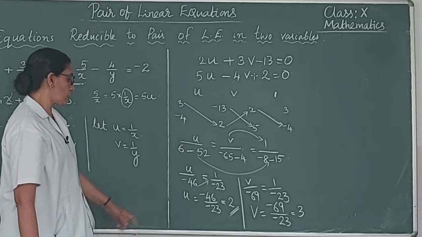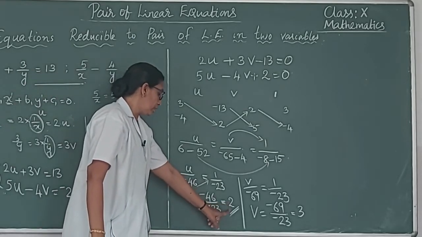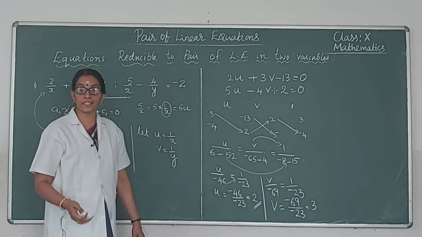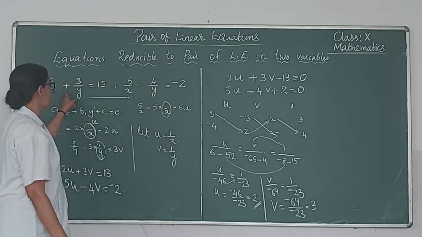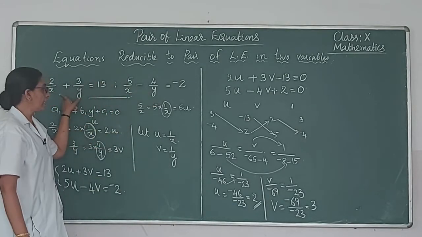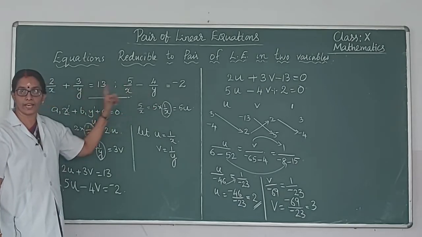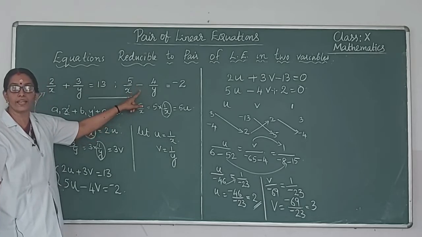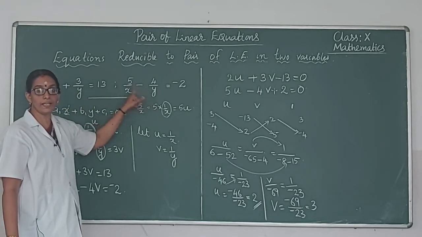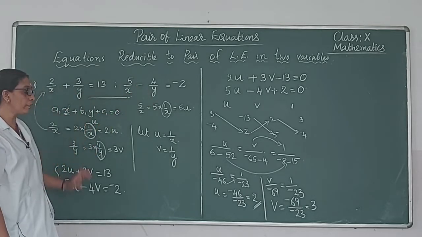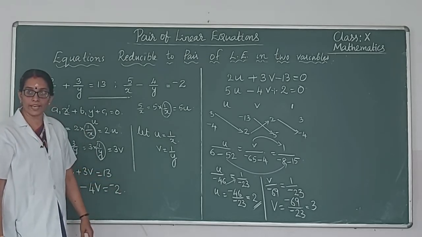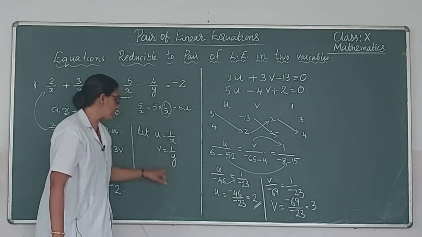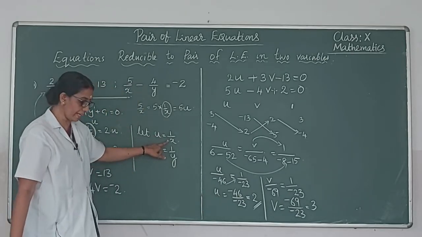Okay children, so we got the values of u and v. But our question is to solve this equation, isn't it? The given equations are in x and y. So solving this means we have to find the values of the given variables x and y. How will you get the values of x and y? What is u? u is 1 by x, isn't it?